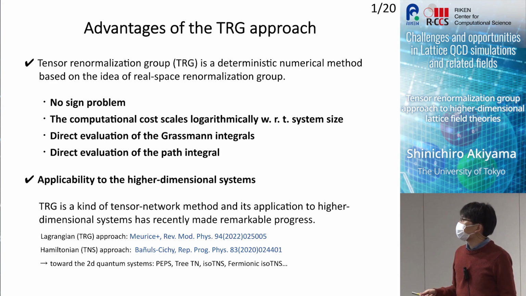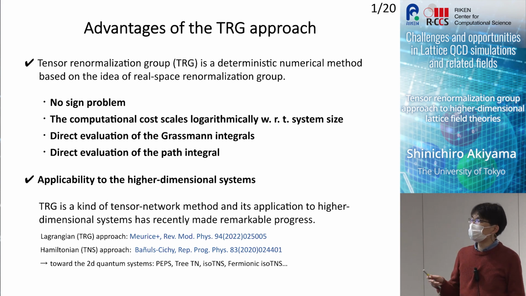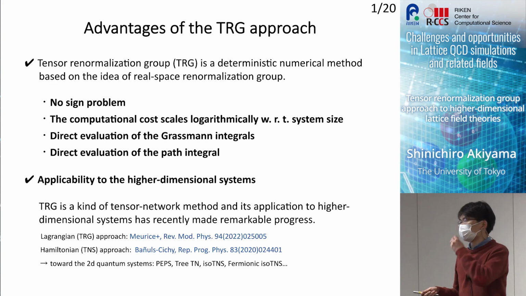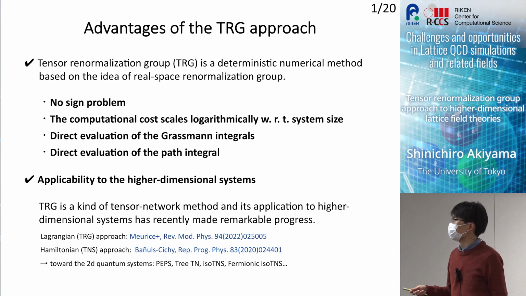And as another benefit, we can directly evaluate the Grassmann integrals by using this method. Here I mean that we do not have to introduce so-called Schur fermions to evaluate the Grassmann or fermion system. And also we can directly calculate the path integral itself, so we have a chance to obtain various types of physical quantities from this function. I'd also like to emphasize that this method is applicable to higher dimensional systems.